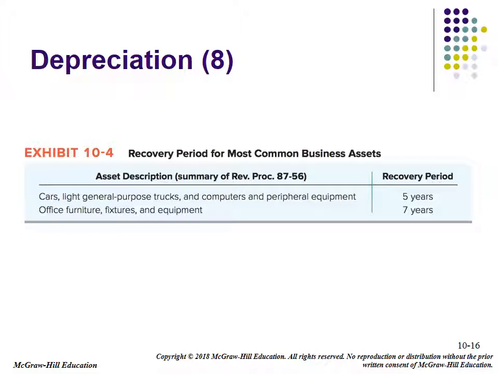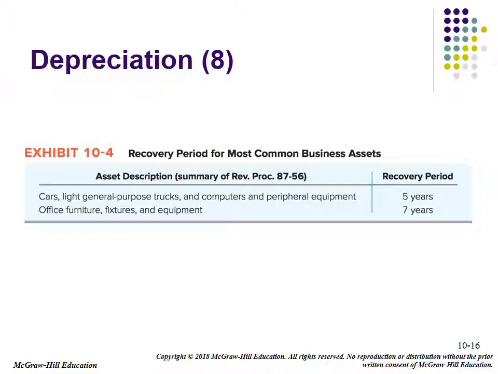So the 5-year is the life of our cars, our light general purpose trucks, including our dump trucks, computers, and the computer's peripheral equipment, printers, routers, databases, database storage, whatever. I don't know all that stuff myself, but any kind of costs associated with those would be considered 5-year property. That's the recovery period.